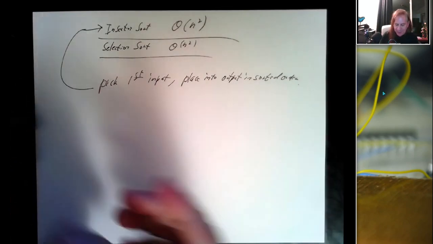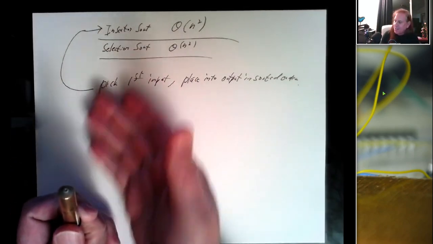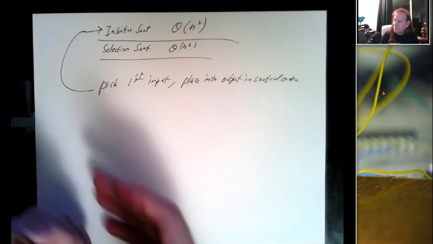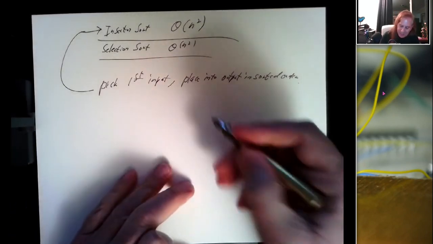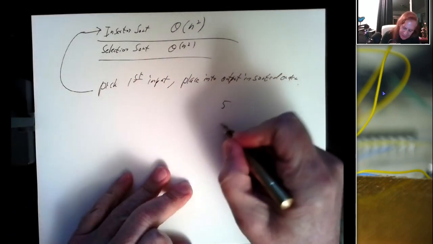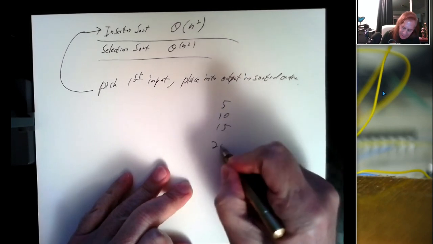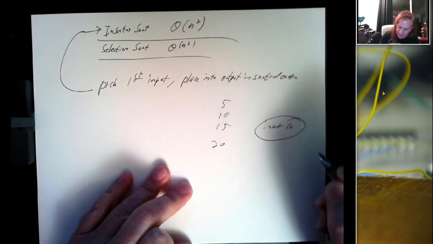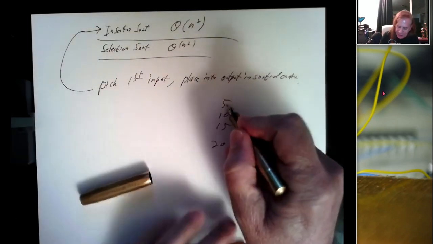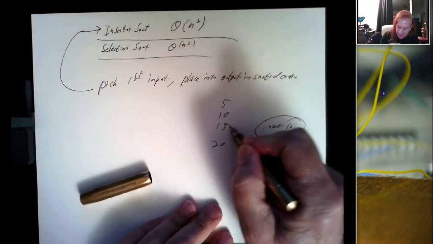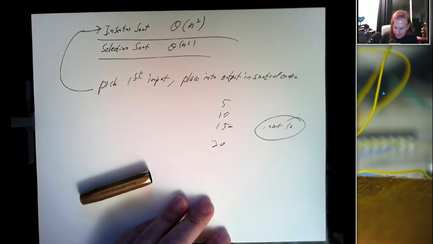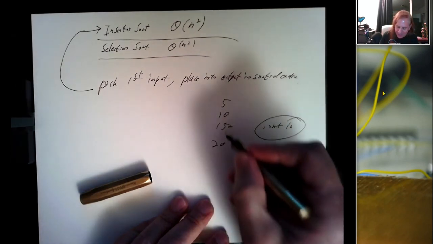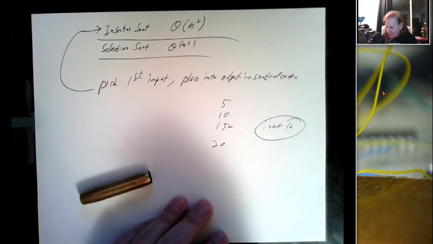Selecting the first element, you just have an index and take element 1, 2, 3, 4, 5, and so on. Putting into the output array, if I have my numbers like 5, 10, 15, and 20, and I want to insert a 12, I start at the beginning and find the first number that's bigger than 12, which is right here. Then I need to copy all of the things from here on down one spot in the array.